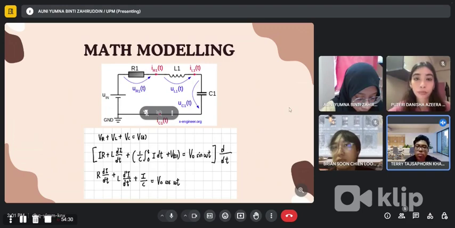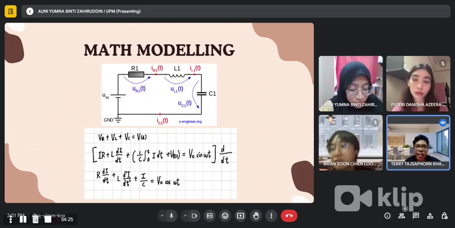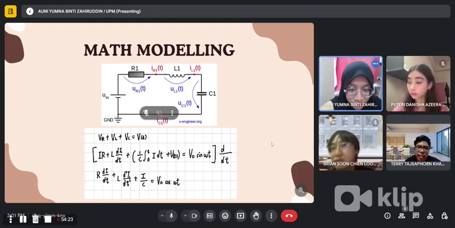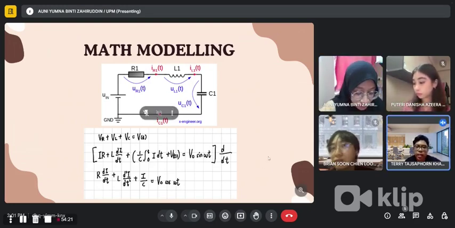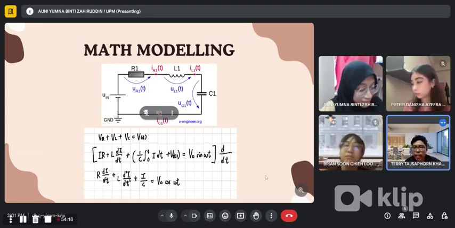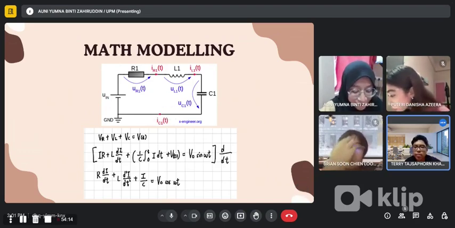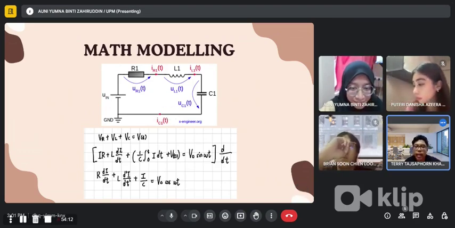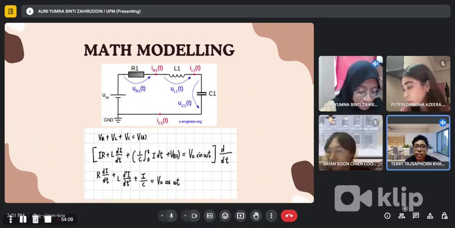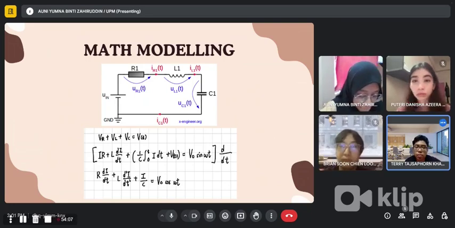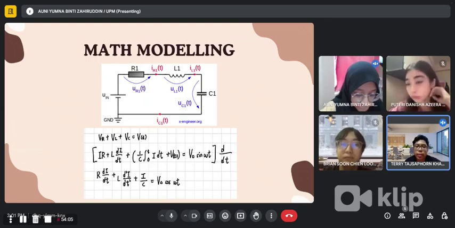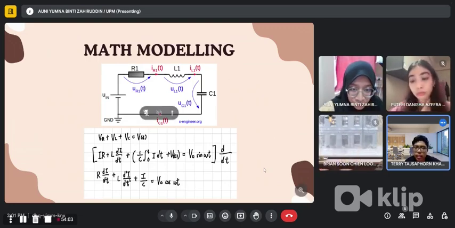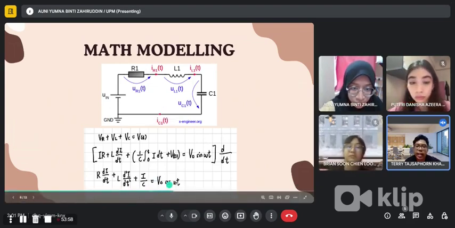V total is also equal to V0 sin omega t. After we differentiate with respect to t, we can get the final solution, which is R dI over dt plus L d squared I over dt squared plus I over C equals V0 omega cos omega t. This equation is the ordinary differential equation of the RLC circuit.